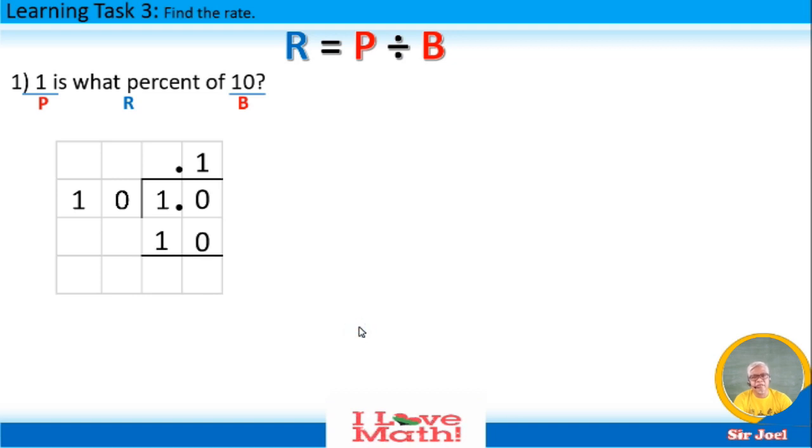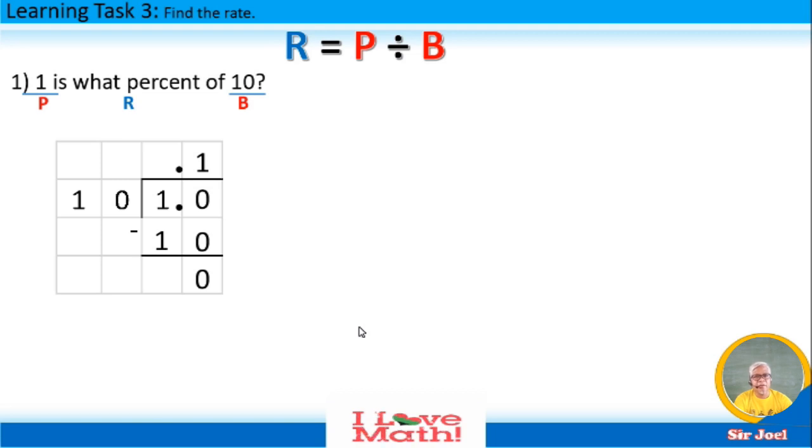Then subtract 10 and 10, the answer is 0. So initially, ano ang sagot natin? 0.1. So pwedeng lagyan ng 0 doon sa taas ha. Kasi sabi nga natin kanina, 1 divided by 10 cannot be. So pwede lagyan ng sagot na 0. Okay, so 0.1.